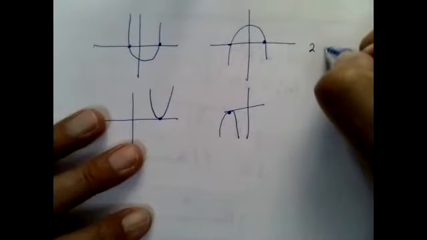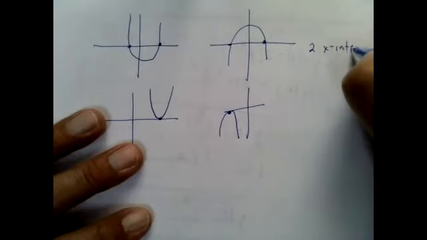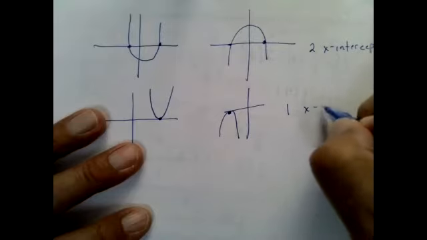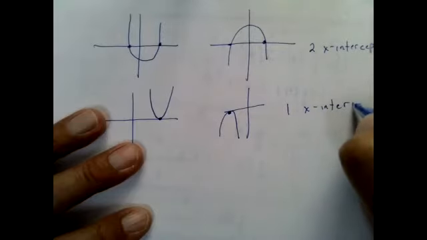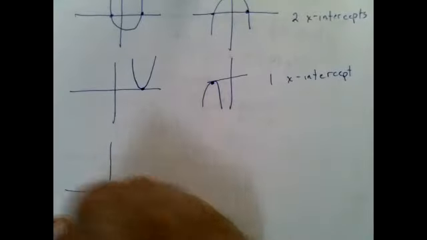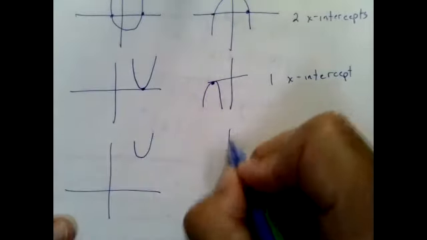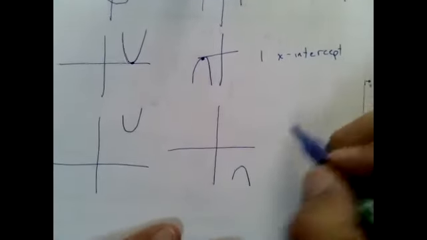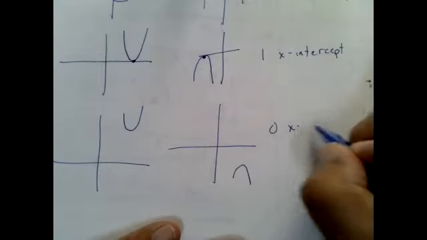So this is the 2 x-intercepts type of graph. This is 1 x-intercept. And I had that crazy example where I had imaginaries, and my graph was up in the air, or it was down here, and I had 0 x-intercepts.